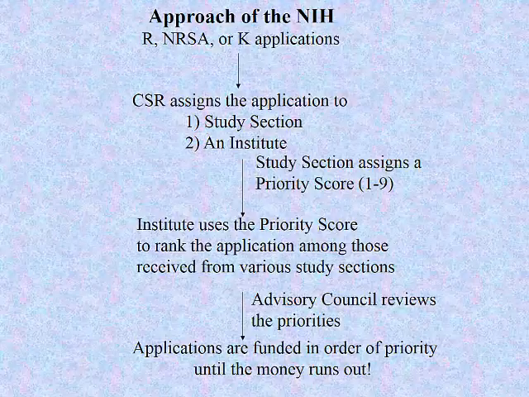So let's say there's a specific method or technology that you're going to use, and you look at that study section list and you don't see anybody who is qualified to make an assessment. So what you do is you call the scientific review officer, the SRO, that CSR assigns to that study section, and you let them know, I think I've been assigned to the wrong study section.